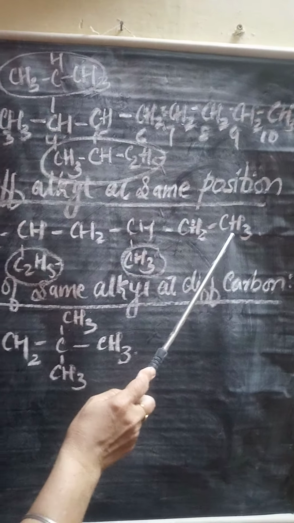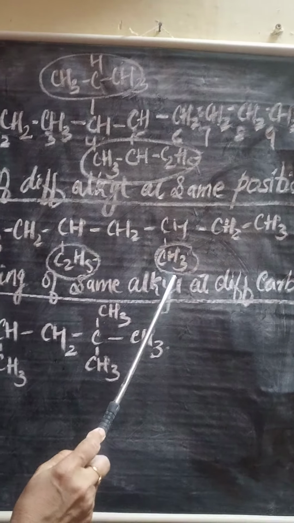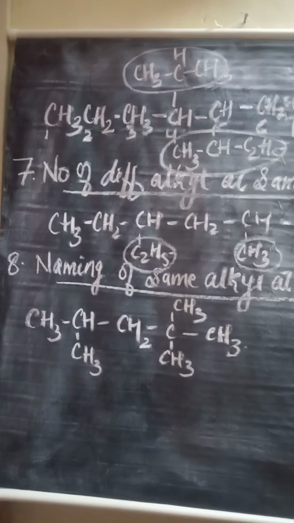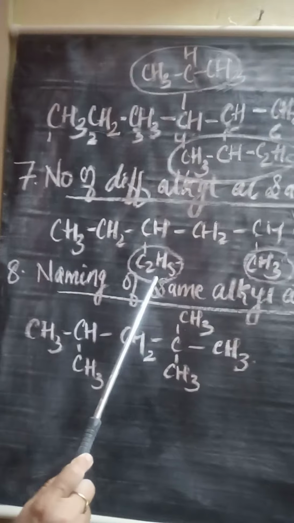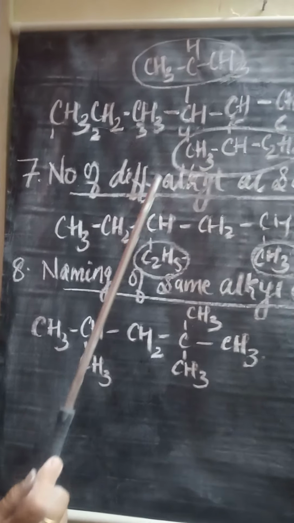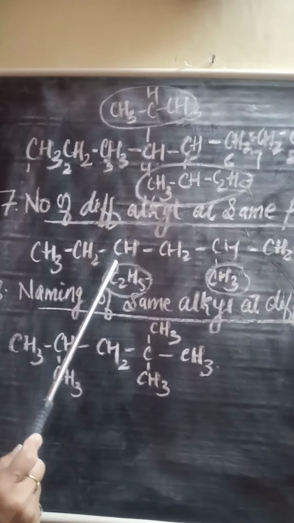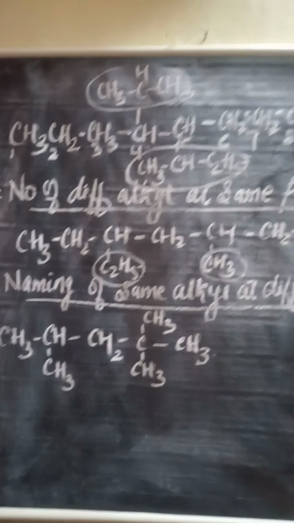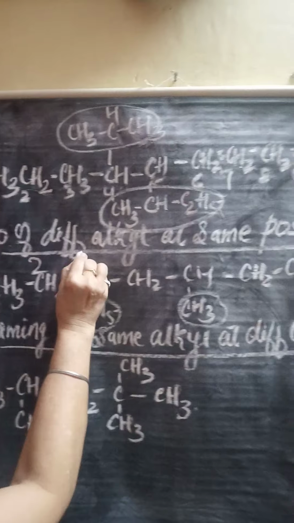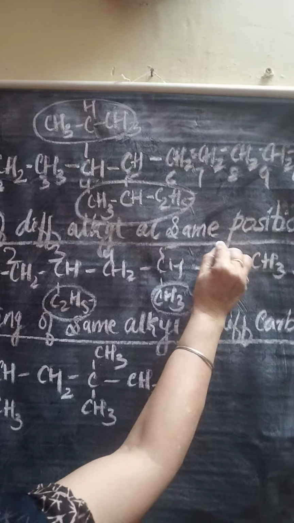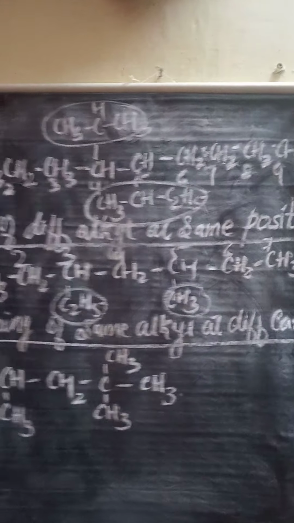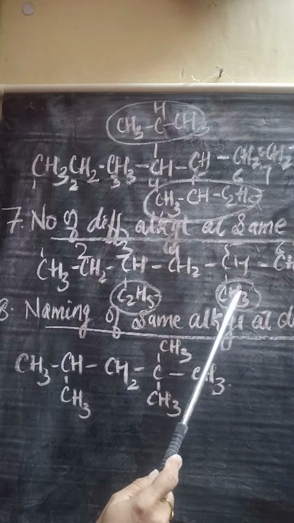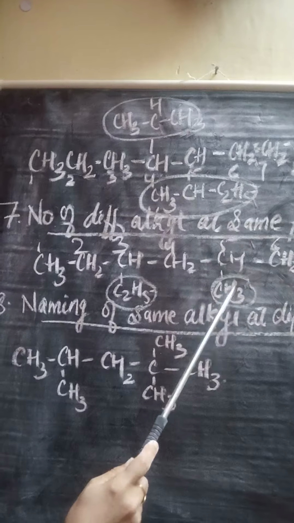From this side also, when we count, an alkyl group is attached. Both ways. So from which side should the numbering be done? The numbering should be done from that side where the alphabetical word comes first. That is ethyl. E comes first, then M, methyl. So numbering should be done from that side where the alphabet comes lower. So the numbering from this side, that is methyl, M coming first, will be wrong.